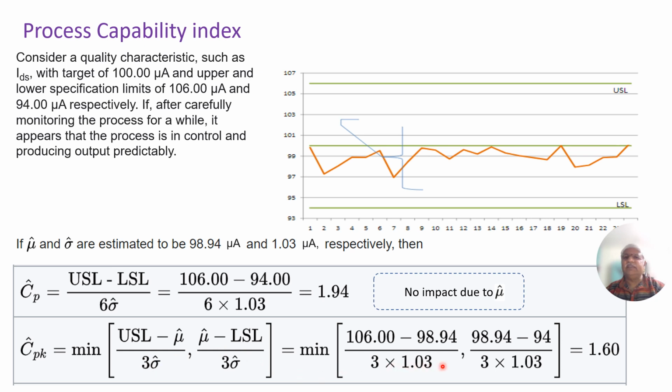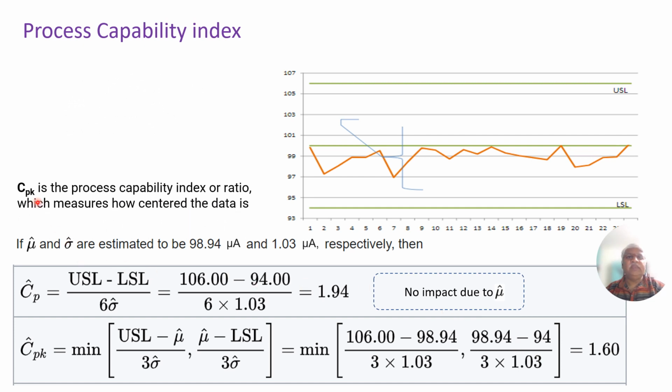If you calculate in this way, using the same previous values, you will observe that CPK comes out to be 1.6, which is a very good and true representative of the process. So even if the process goes out of the range, it will still be able to predict properly because it is considering the minimum of these values.